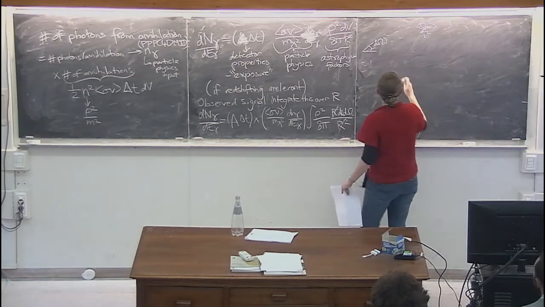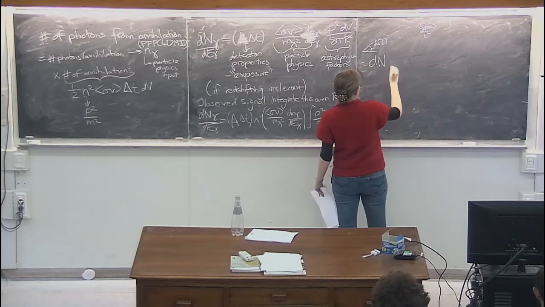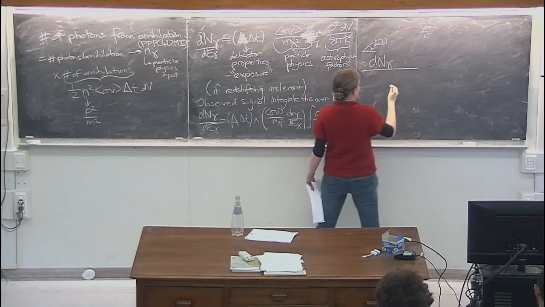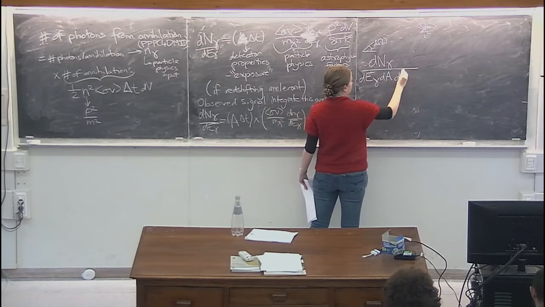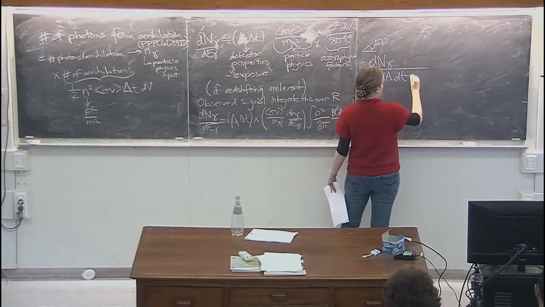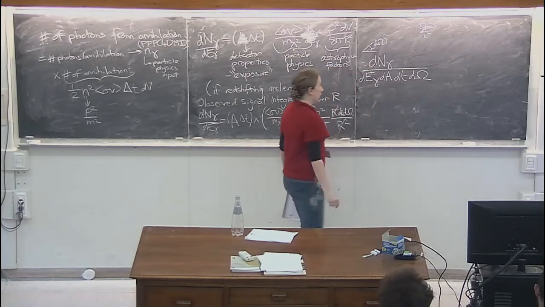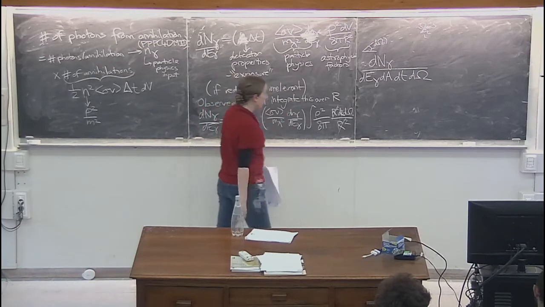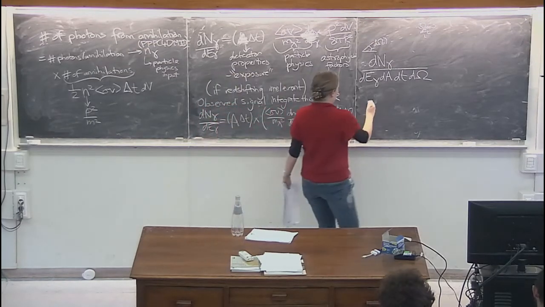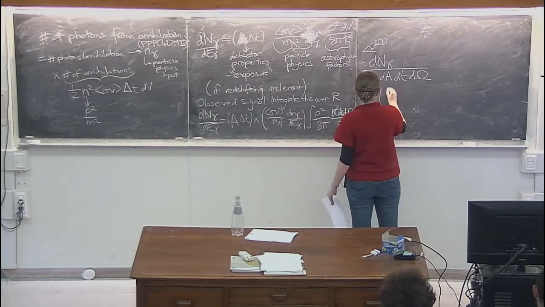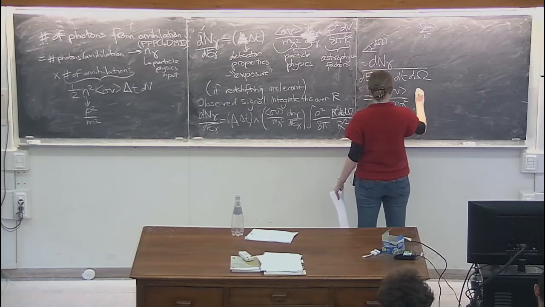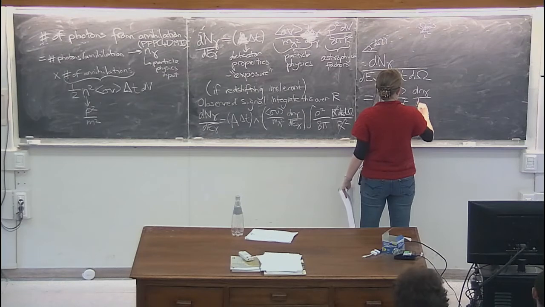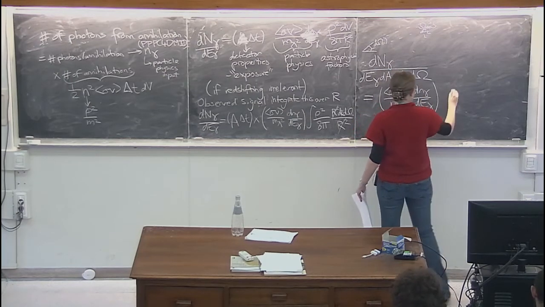Writing this as a differential rate, this tells me that the number of photons I see per energy, per area of my detector, per time that I observe for, and per solid angle that I observe on the sky is going to be given by this result.